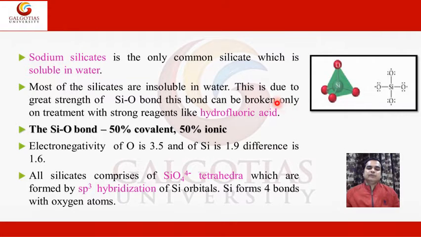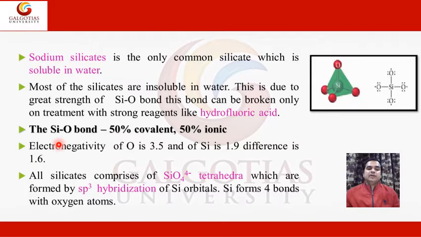In the presence of that acid, the Si-O bond can be broken. That's why most silicates are insoluble in water, because the silicon-oxygen bond is very strong, so it cannot be easily broken when it dissolves in water. So all silicates are insoluble in water except sodium silicate.